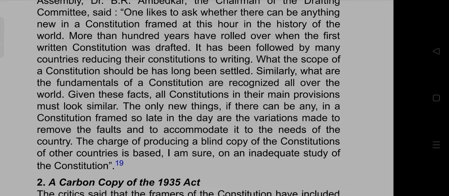The only new things, if there can be any, in a constitution framed so late in the day are the variations made to remove the faults and accommodate it to the needs of the country. The charge of producing a blind copy of constitutions of other countries is based, I am sure, on inadequate study of the constitution."